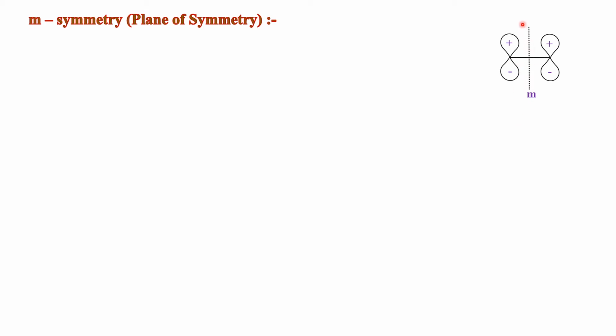If we put a mirror opposite this orbital, which is a pz orbital of atomic orbital, the other orbital is exactly the mirror image of the first one, and the mirror plane is perpendicular to the plane of the molecule.